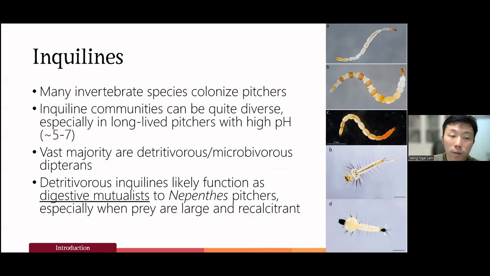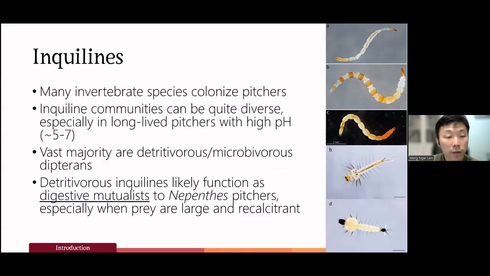The vast majority of these inquilines are detritivores or microbivorous. In other words, they feed directly on the prey carcasses or on the bacteria or fungi that consume the prey. And of course, a minority of these inquilines are predatory, and an even smaller minority are parasitic.